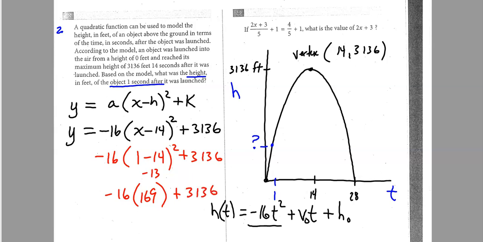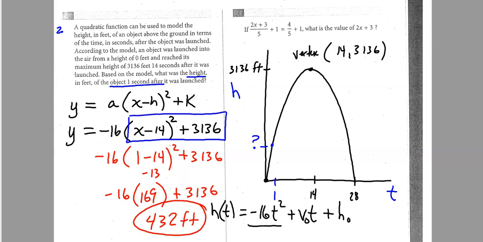I'm going to go to the calculator. Negative 16 times 169 plus 3136 is, I got 432 feet. So I don't know, there might be another way to do this one, but I'm pretty sure the vertex form is what we need. And this gravitational constant in front comes from physics. I think you'd have to know that as well. But I believe the answer is 432.